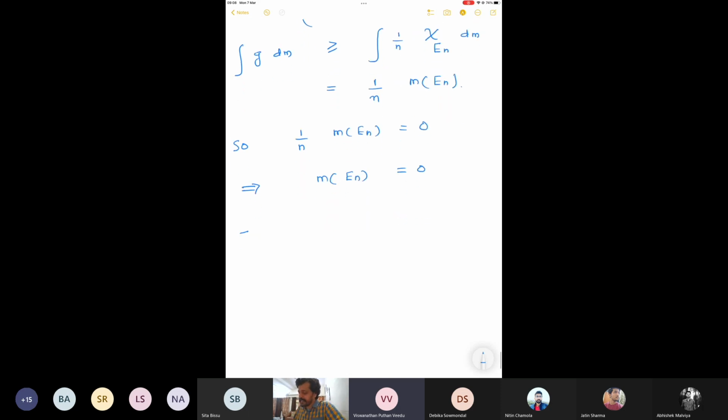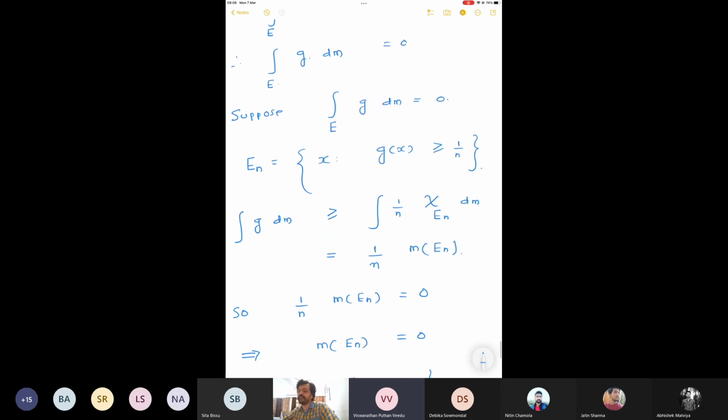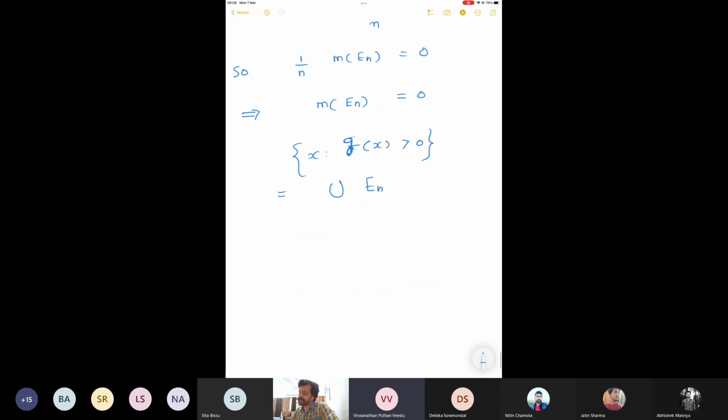And now define E. Not E, because E is the set over which you are integrating. Collection of all x such that g of x is greater than 0 is equal to union of En. If g of x is greater than 0, g of x will be greater than 1 by n for at least some n. So this is true.